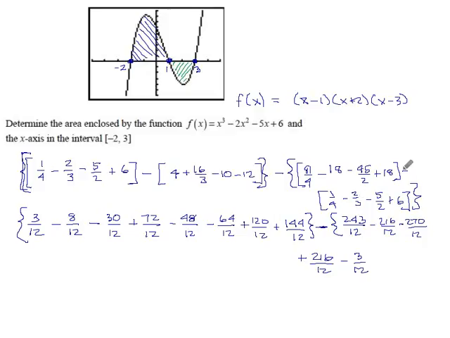Minus 2/3, or minus times minus is plus 2/3, so plus 8 twelfths. Plus 5 over 2 is plus 30 twelfths. And minus 6 is minus 72 twelfths.